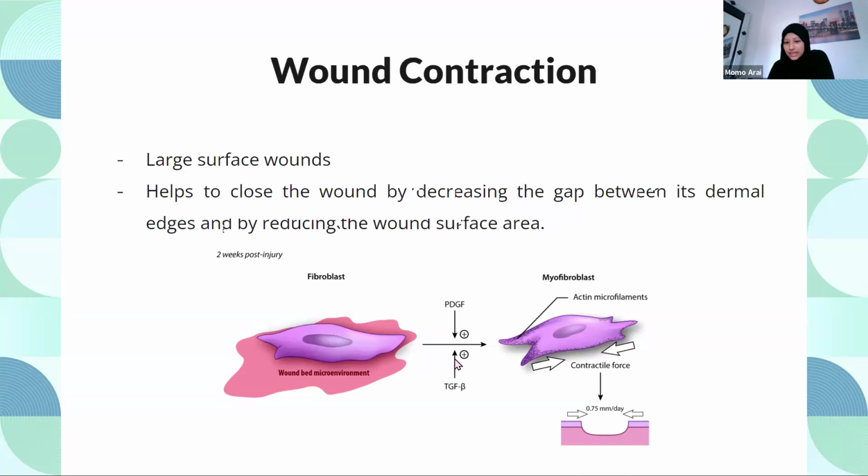Now this picture is important in another way. It's showing you the growth factors. So we said transforming growth factor beta is important in making collagen and stimulating fibroblasts.